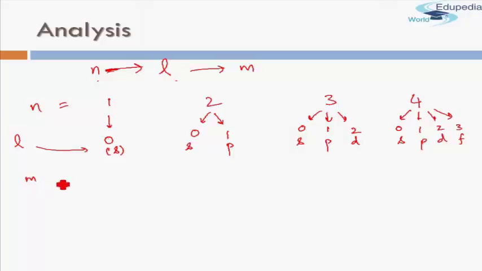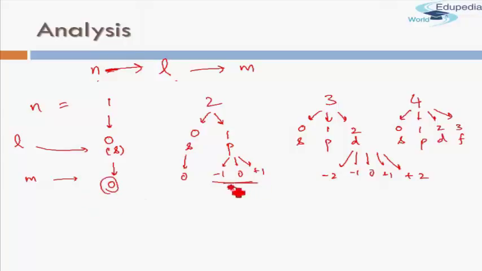Each subshell has further orbitals. The s has 0, p will have -1, 0 and +1, and so on. D will have -2, -1, 0, +1, +2. So it has 5 different orbitals. S always has only one orbital, p always has 3 orbitals, and d always has 5 orbitals.